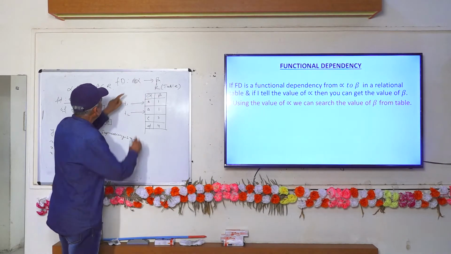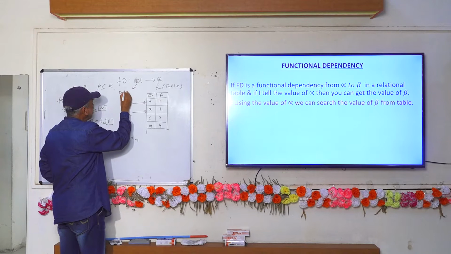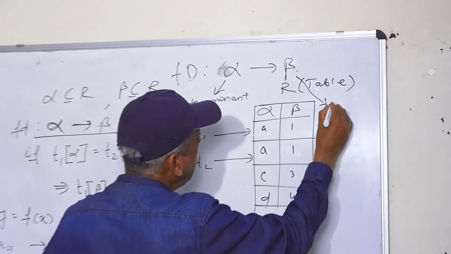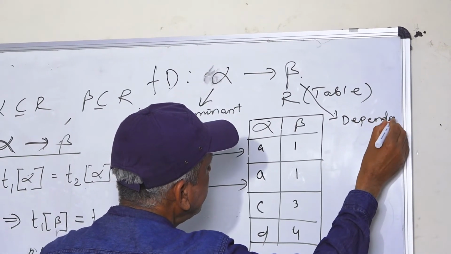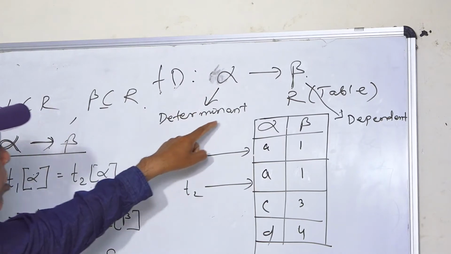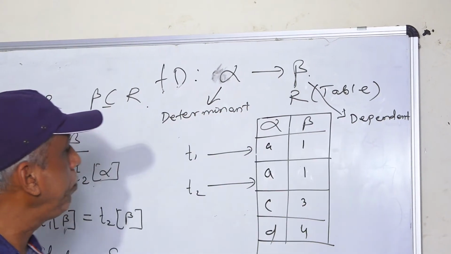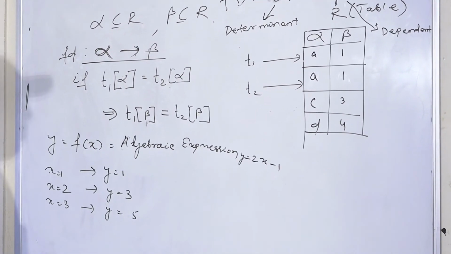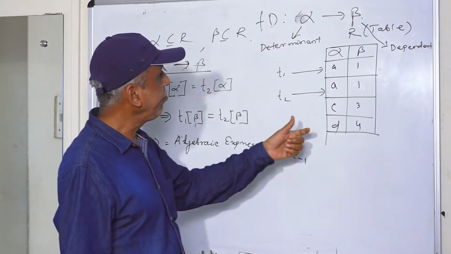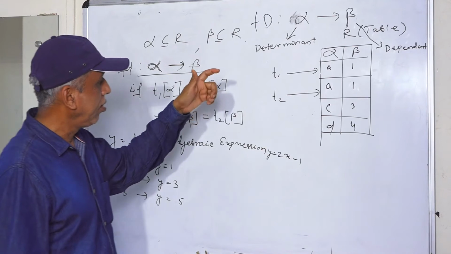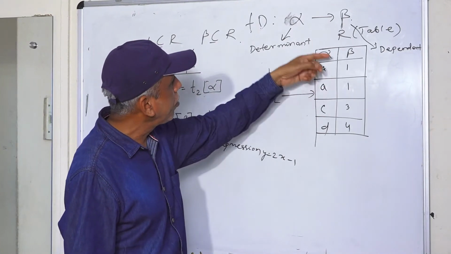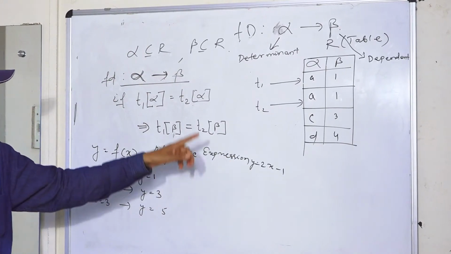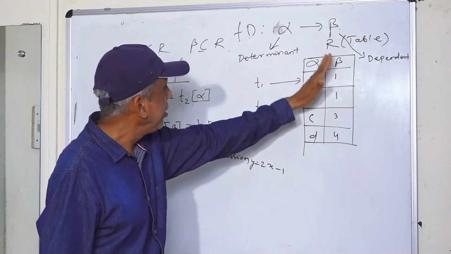That is how we say it is a functional dependency from alpha to beta. This is your determinant, and this is called the dependent. Alpha is called the determinant and beta is called the dependent. So it is only a matter of searching or finding the data from the table instead of computing like in an algebraic expression.